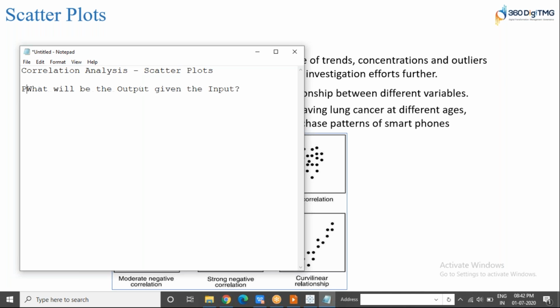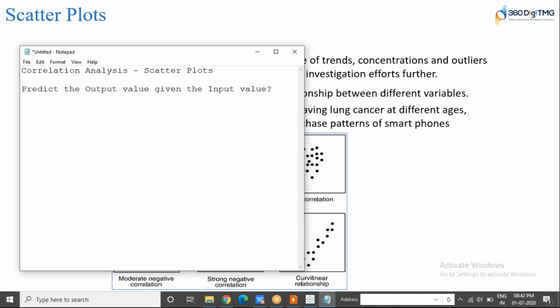or predict the output value given the input value? Anything like this.